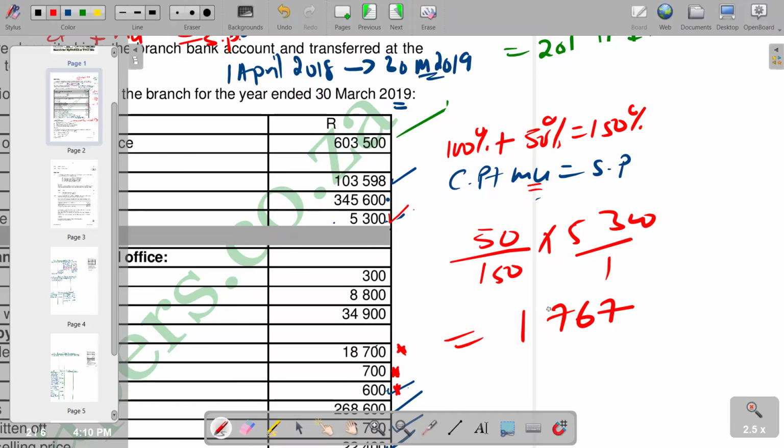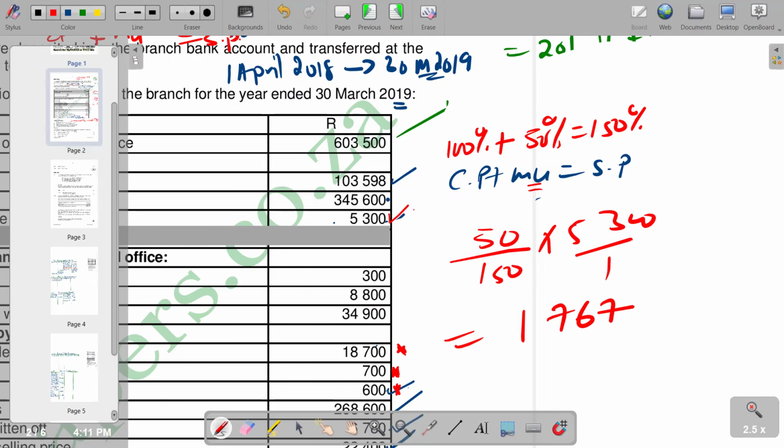So the second double entry is the one that we did not complete, which we are going to complete. Remember, these are returns. The returns we credited with the selling price, we credited the branch inventory, and we are supposed to debit the goods to branch.